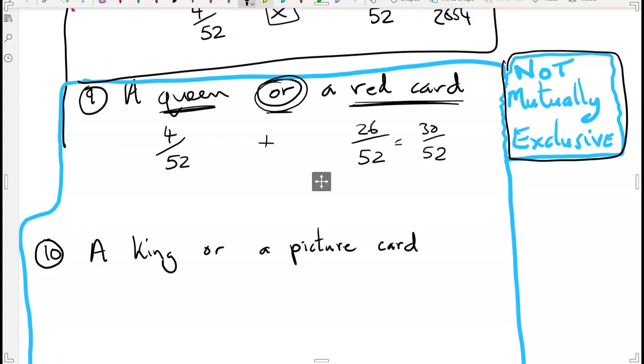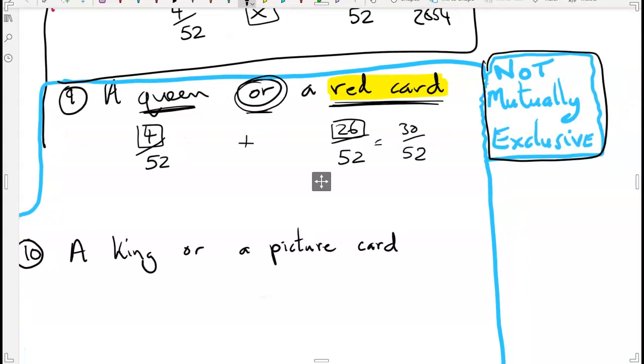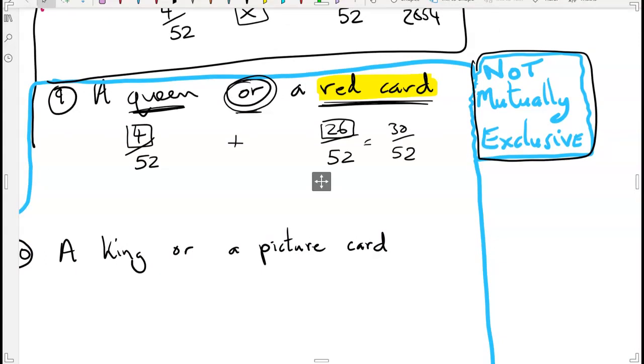But of course, there's a catch. When I asked for red cards, 2 of those red cards are 2 of the red queens. So I can't include red queens both here and here. I can't include them twice. So I need to remove the ones that I've included twice.